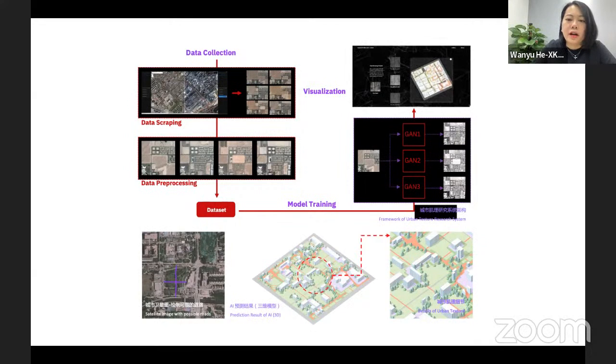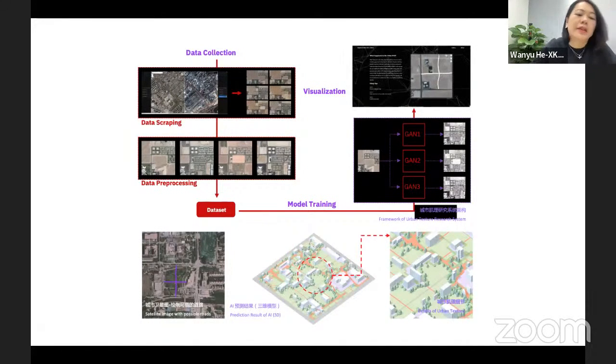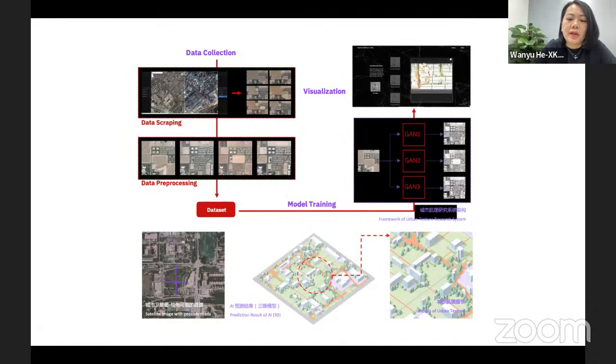We call it the XKool UrbanTool, which uses data scraping and data processing, and also does the training and visualization. We got the results from, let's say, satellite maps, and using them again to generate a new intention.